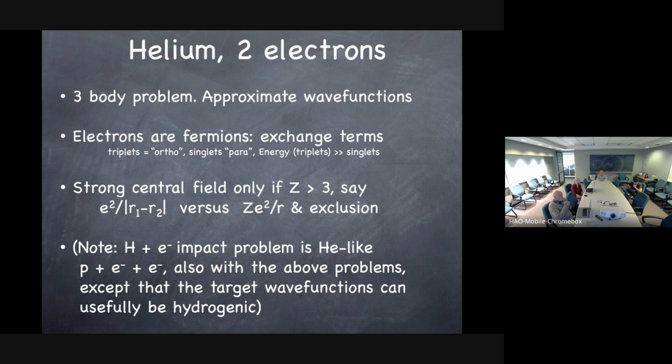But more than that, we have to take into account the fact that the electrons are fermions. We have what we call exchange terms, and we end up with the spins aligned, which means triplets or orthohelium, and the spins opposite, which means we have singlet states, so there's no net spin.